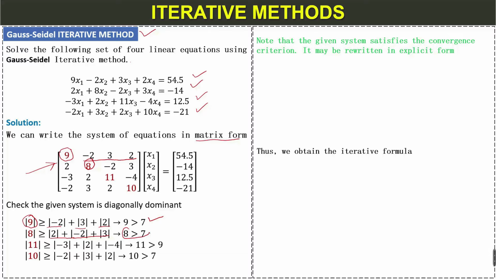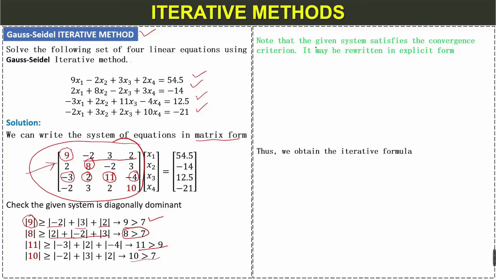In this case again it is greater than 7, and for this one it should be greater than the absolute values of the other entries in that row. Similarly, this one is also greater, and the fourth one is also greater. This means this system, or the coefficient matrix, is diagonally dominant, strictly diagonally dominant.